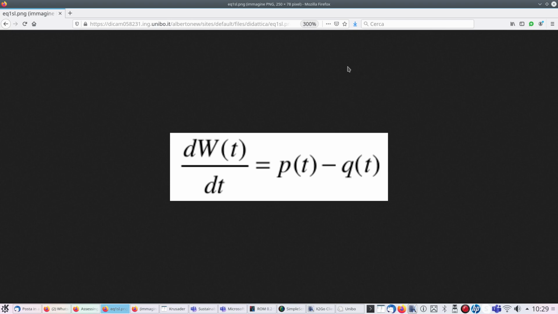You are not interested in mathematics because of mathematics itself. You are interested in mathematics because it allows you to solve a real-world problem. So it is extremely important that you continuously see the connection between any equation that we use with nature, with the natural process that you are trying to describe. And I will try to continuously emphasize this connection.